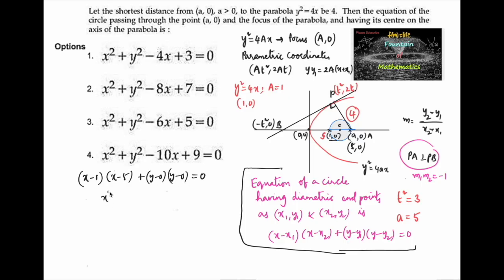So we can write x square minus x minus 5x plus 5 plus y square is equal to 0. So we can write x square plus y square minus 6x plus 5 is equal to 0, which is our option C, option 3. Option 3 is the answer.